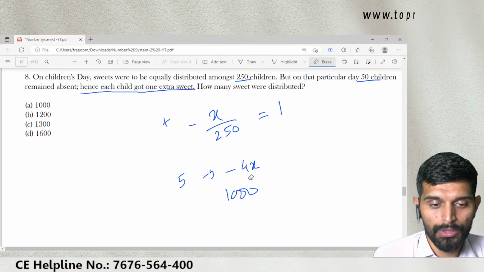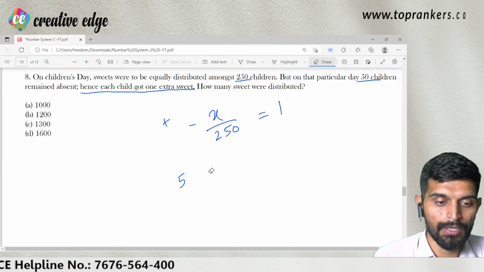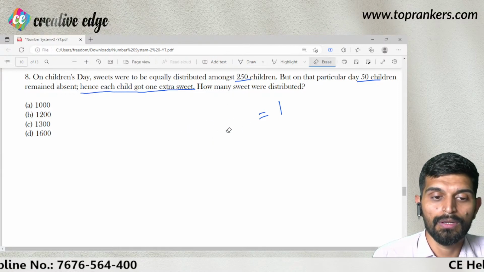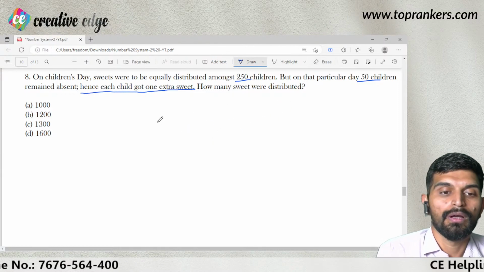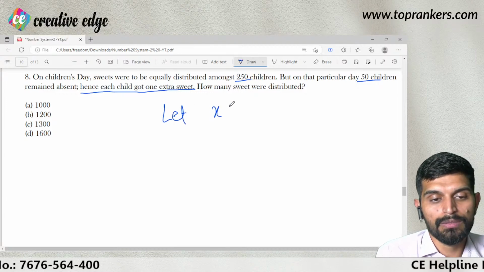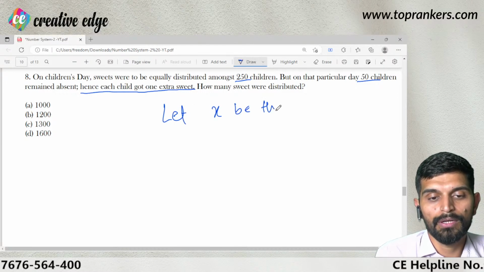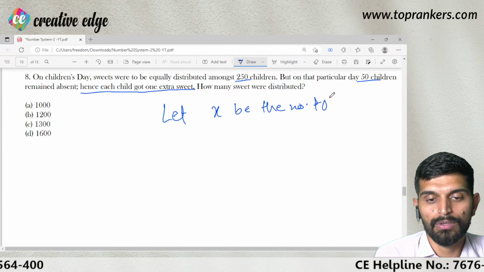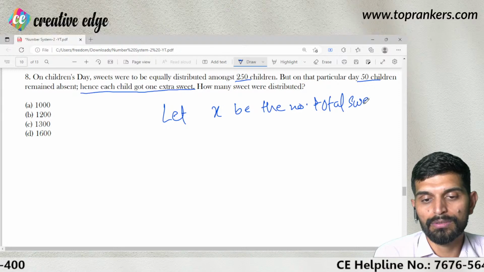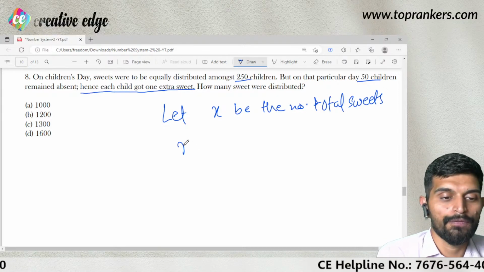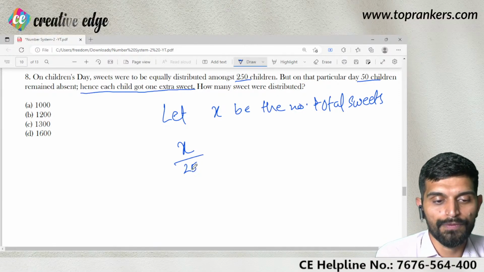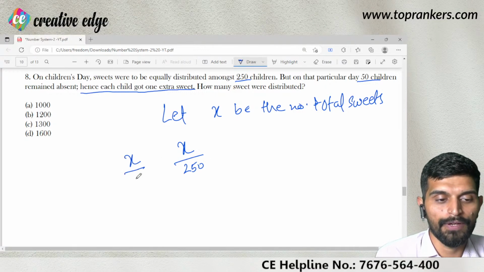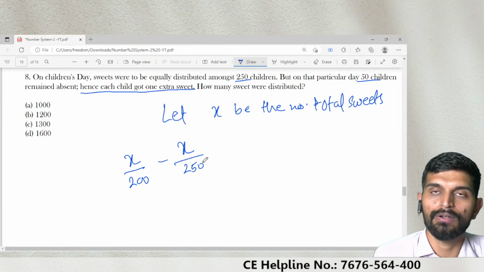If you are not able to understand this way, let me explain the conventional basic approach. Let x be the total number of sweets. If this x were divided among 250 children, there would be some value. And if this x be divided among 200 children, then there will be some value.